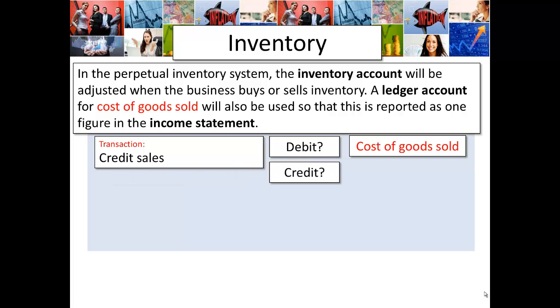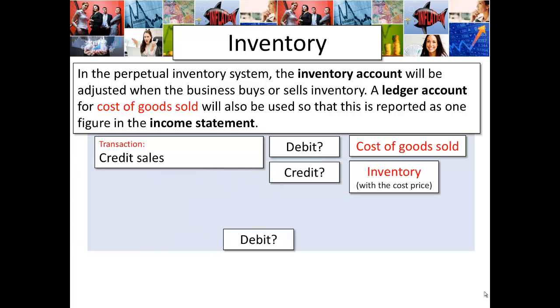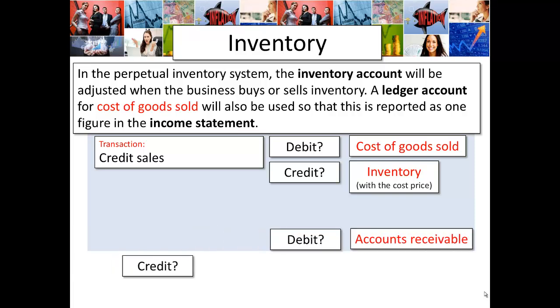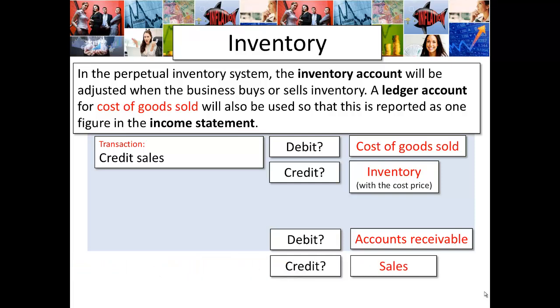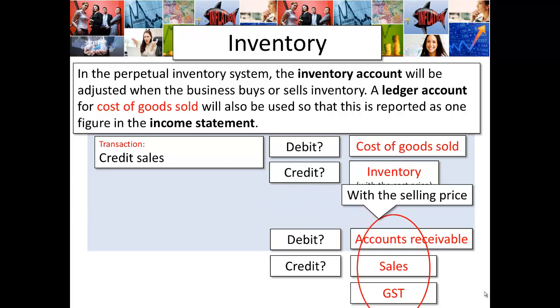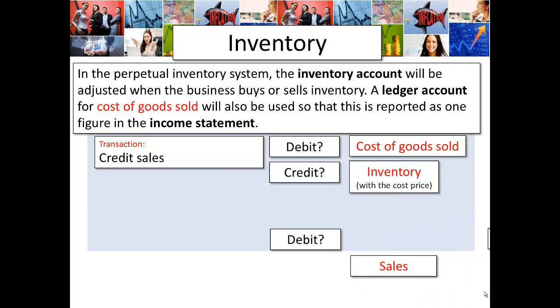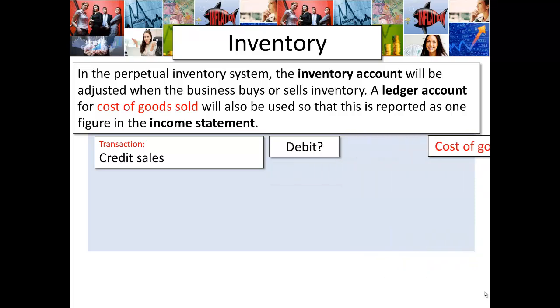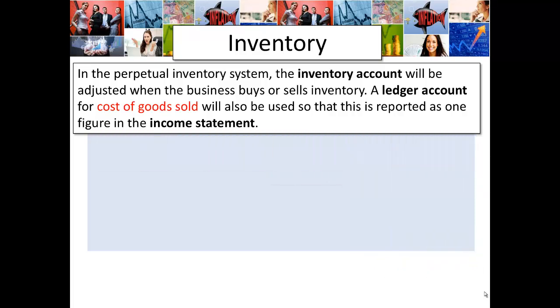We're going to debit the cost of goods sold, credit inventory with the cost price, debit accounts receivable, credit sales with the GST as well. And again, this is all done with the selling price. So you can see we're making adjustments to the inventory, and it's factored into the cost of goods sold, and we're also doing those other transactions that we have been doing previous to this.